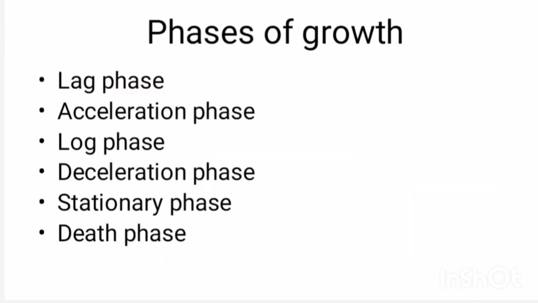In the batch fermenter, the growth of the microorganism follows the characteristics of the growth curve. Six phases of growth can be seen in batch fermentation that are listed here. First one, lag phase. Second one, acceleration phase.